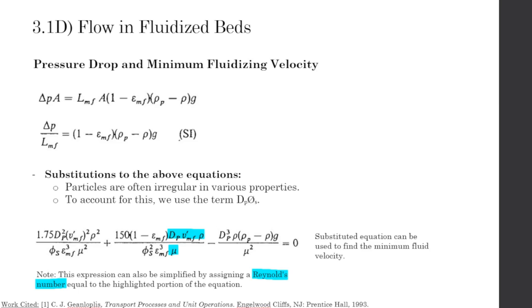Now we have times rho sub p minus rho, and so rho sub p is the density of the particles in the bed minus the density of the fluid flow, and then times the gravitational force.